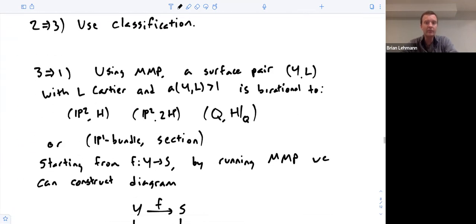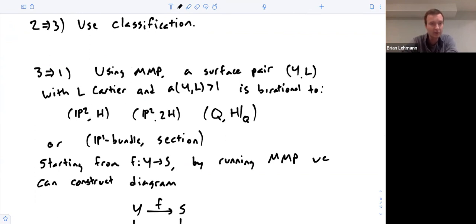So if we have a dominant map like this, the first step is to classify the possibilities for this pair Y and the pullback of the canonical divisor. It turns out that the only pairs which have Fujita invariant larger than 1 form a very short list of possibilities.